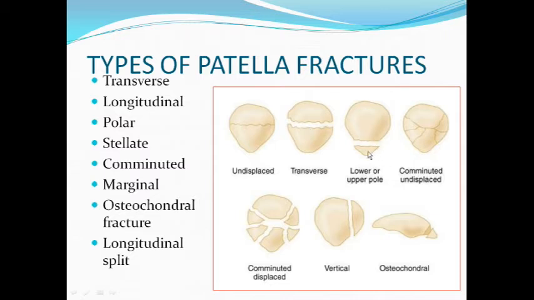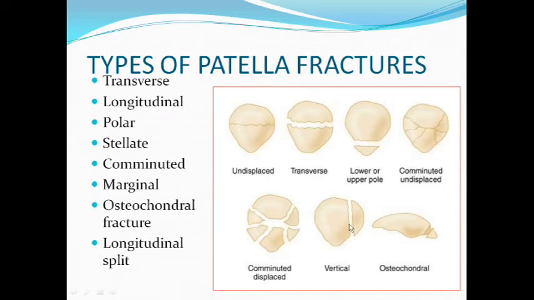This is lower pole fracture. If you say upper pole, then it may be here, but this is lower pole of patella fracture. This is comminuted and undisplaced. This is comminuted and displaced. You can also call it stellate fracture. So it just looks like stellate shaped.